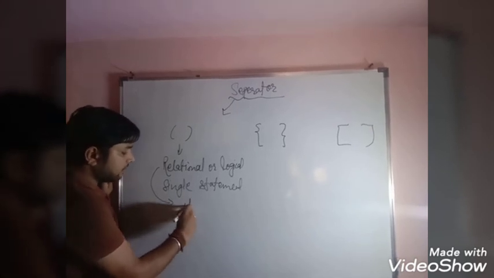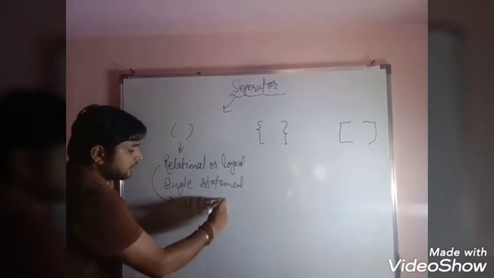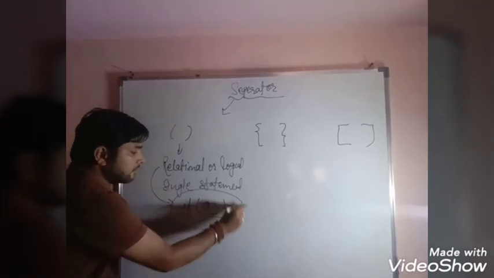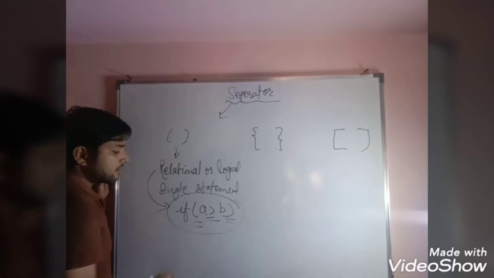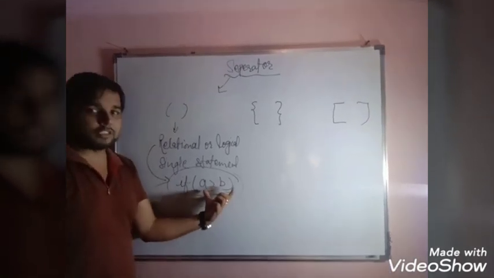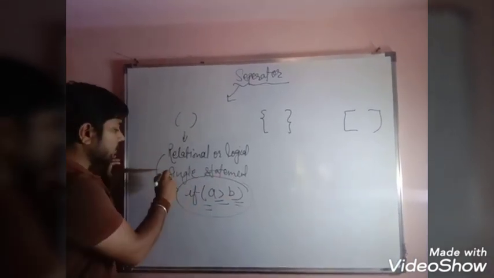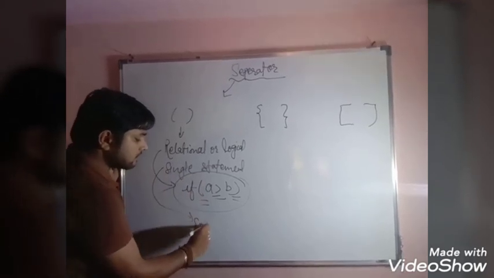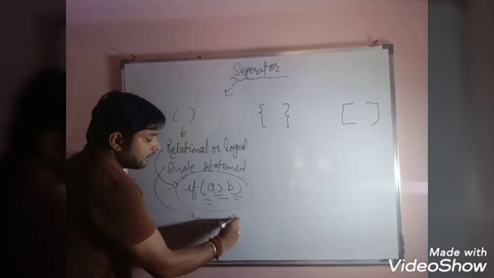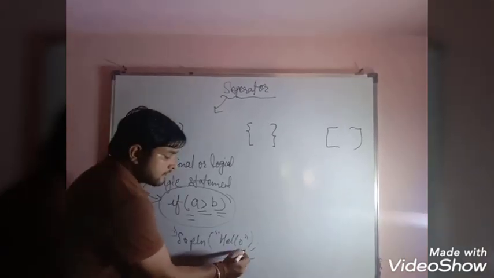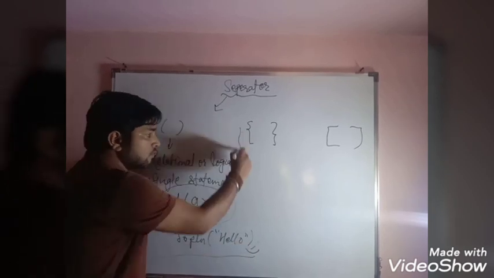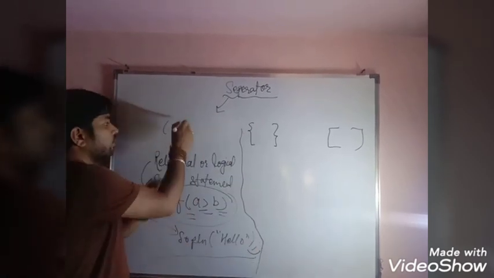If I have written if A is greater than B, this is the relational operator, and this bracket separates this statement. And single statement means if I have written system.out.println and hello, this is a single statement and it is separated by a bracket. So this is the use of the normal bracket.